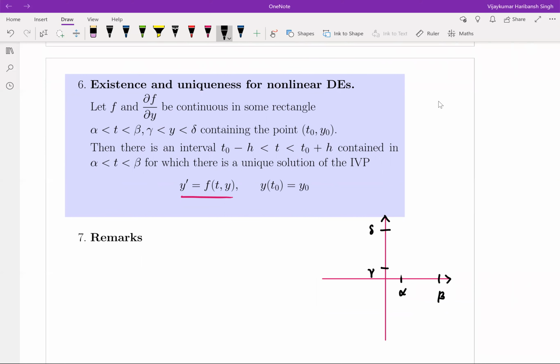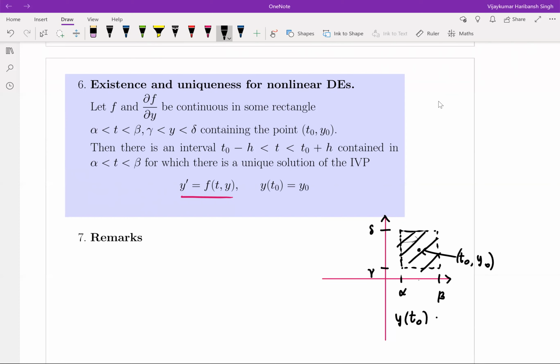And you're given that this box here contains your t naught, y naught, where you're given y of t naught equals y naught. So what is the story? Let's repeat. What does it say?